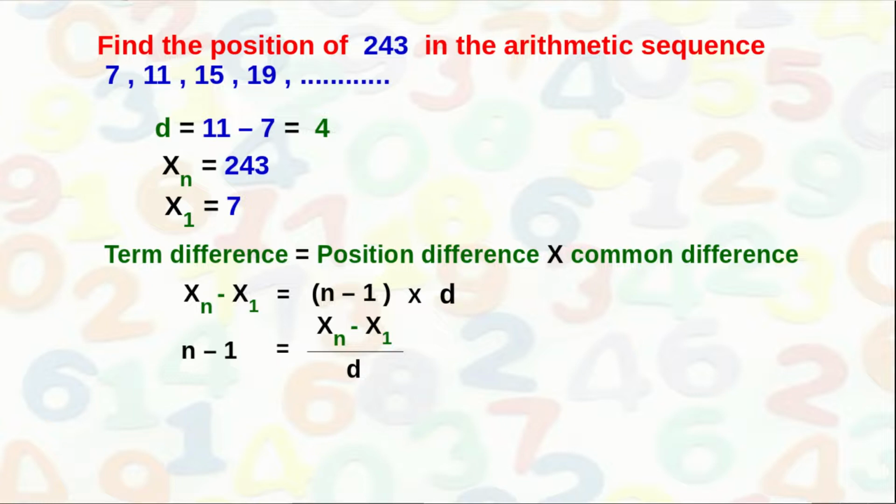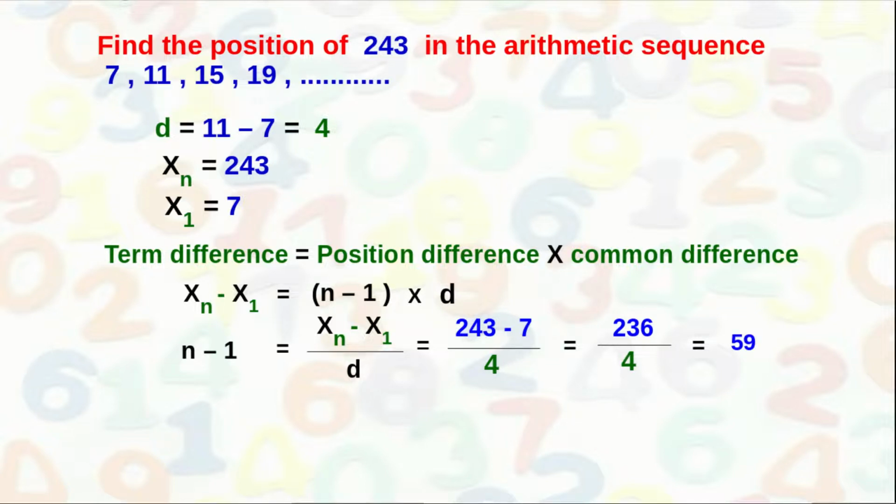Now substitute for xn, x1 and d. 243 minus 7 divided by common difference 4. Subtracting, we get 236 divided by 4, and the answer is 59.